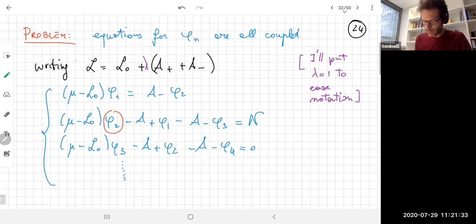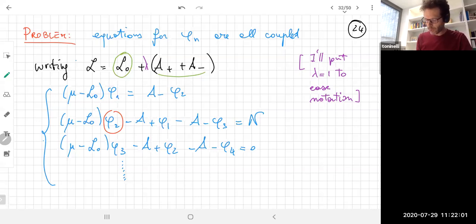So if you write down that the generator L is, as we discussed last time, a sum of the generator of the linear equation plus the part of the nonlinear equation, lambda times A, and A itself can be written as a part A plus that lifts by 1 the order of the chaos and one that lowers it by 1, A plus and A minus. By the way, from now, for some slides, I will forget the lambda. Let's put lambda to 1. I just forgot to write it down.